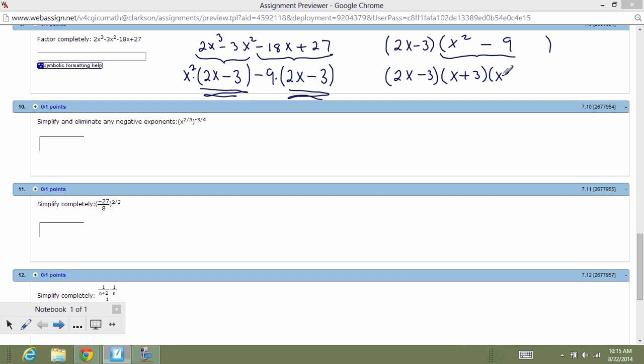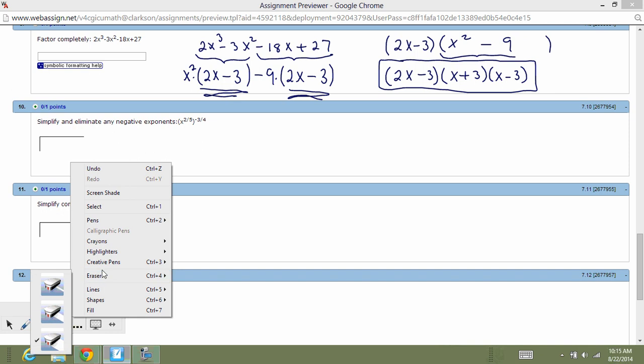So there's your three algebraically prime factors in order. And you could, of course, have them in a different order, but that would be your answer to question number 9.